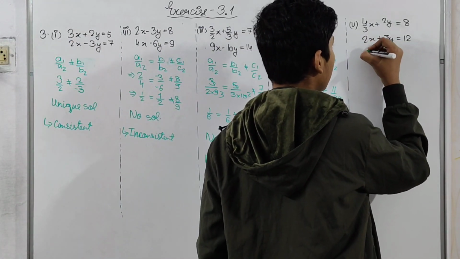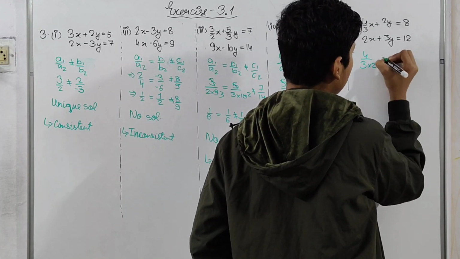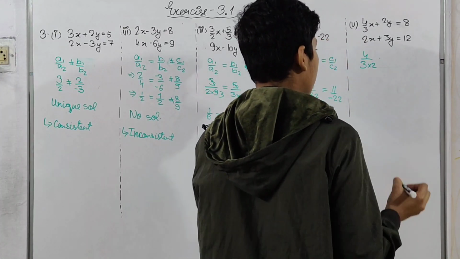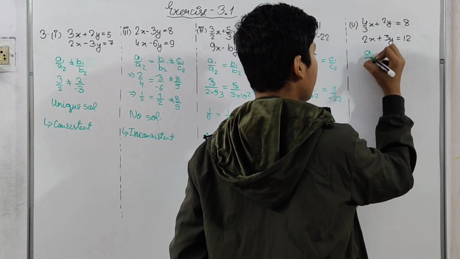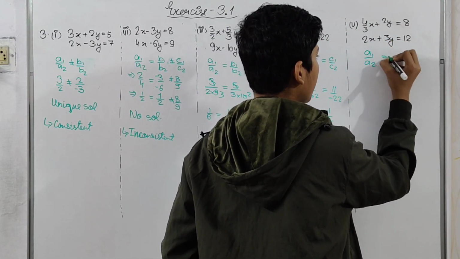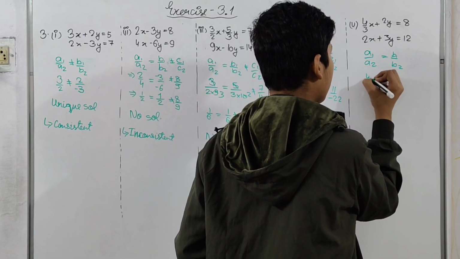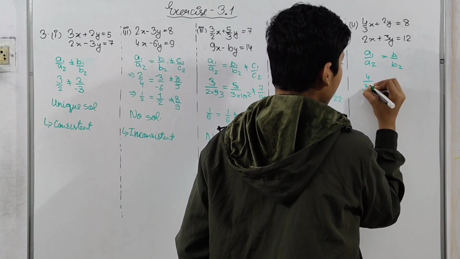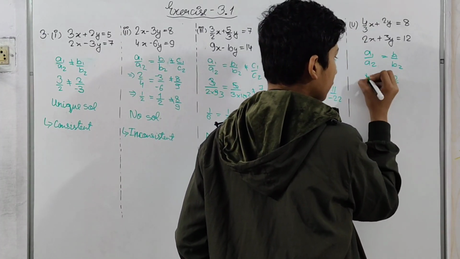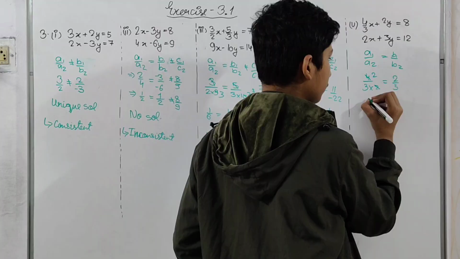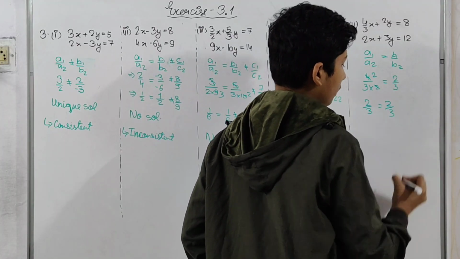Now this one, 4 upon 3 into 2. First of all, A1 upon A2 equal to B1 upon B2 will come. Now we do 4 by 3 into 2 equals 2 by 3. So yes, 2 by 3 equal to 2 by 3.